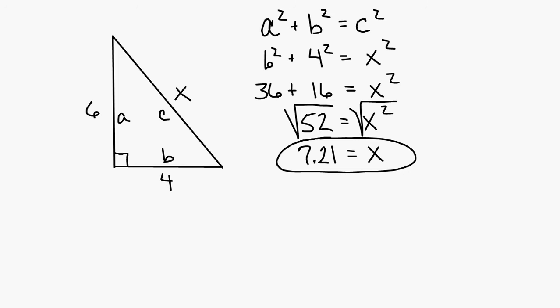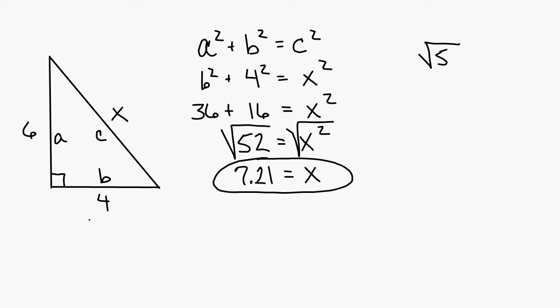What you're going to see in this section is the directions, in this case, say, give your answer in simplest radical form. In Algebra 1, you simplified radicals. So this square root of 52, simplified, or in simplest radical form. When you simplify radicals, does anybody remember doing that?